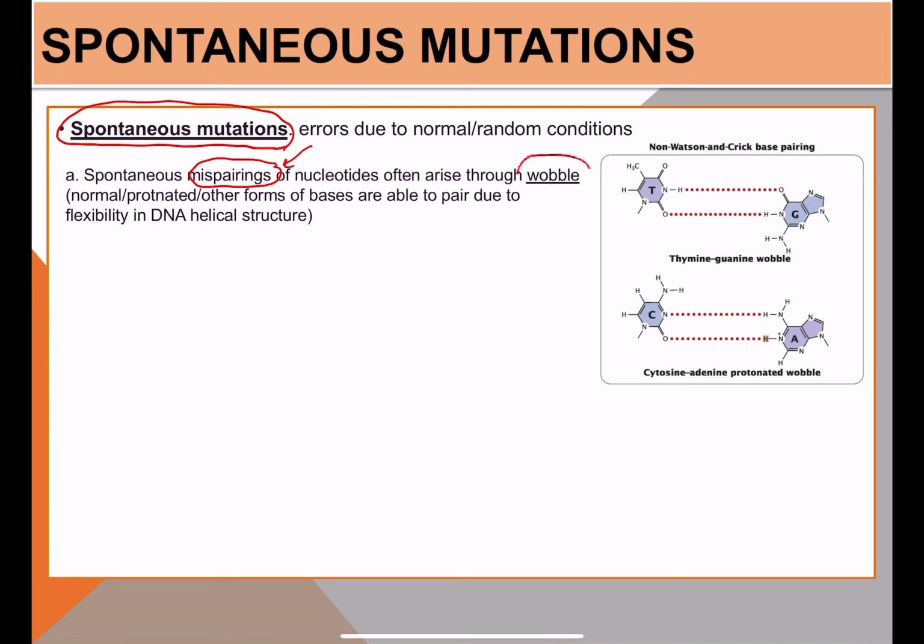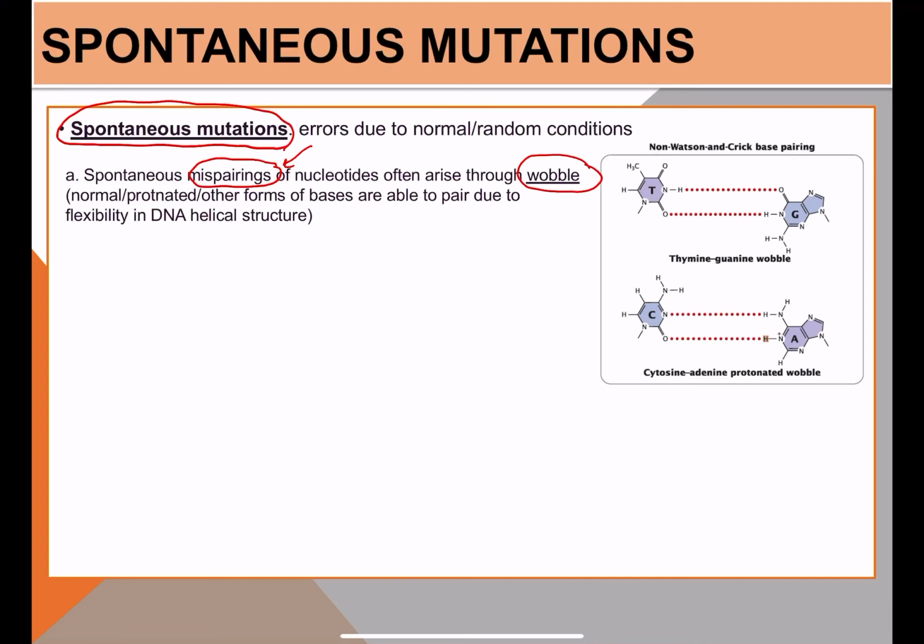And remember when we mentioned the concept of wobble in the translation chapter, it talks about how there's that flexibility of different nucleotides coming together, that it doesn't have to be your normal Watson and Crick complementary base pair. Because that third base in a codon is more flexible with which nucleotide it binds with. So it also can happen with normal DNA sequences, not just translation.